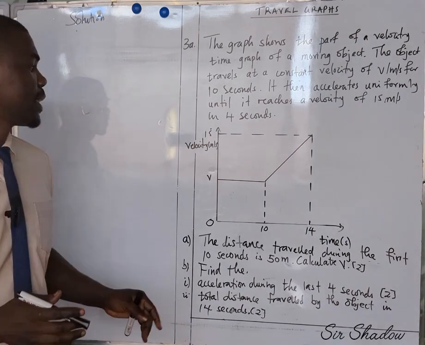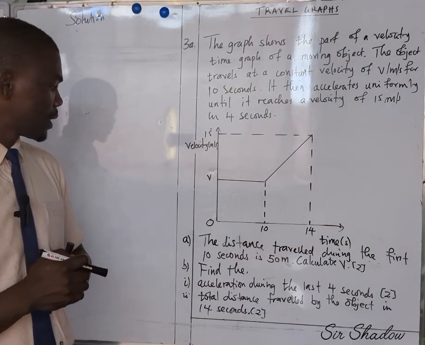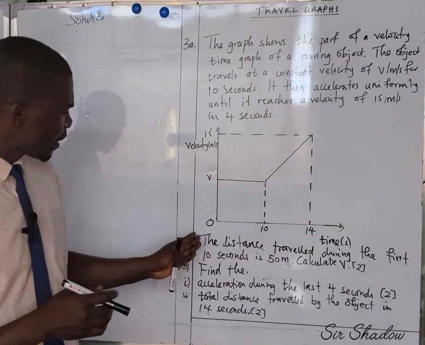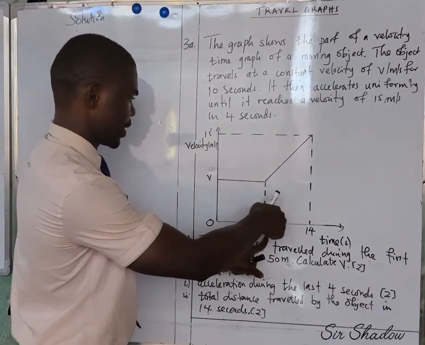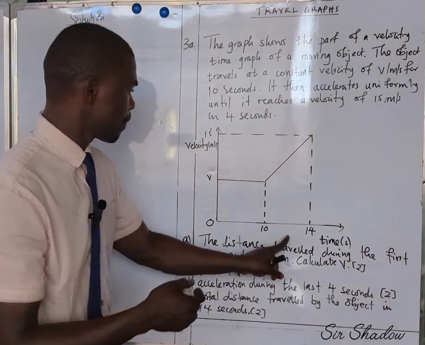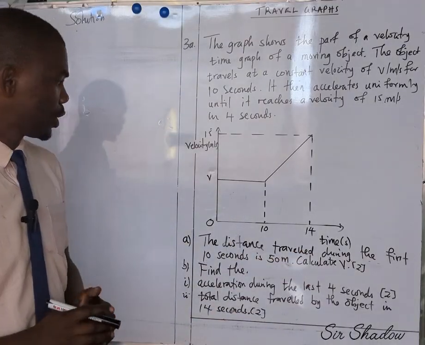Distance covered is equal to the area under the graph. So you have to check if it's distance covered in 10 seconds; the shape is here for 10 seconds. If it's 14 seconds, the shape is here. So be familiar with the shape.